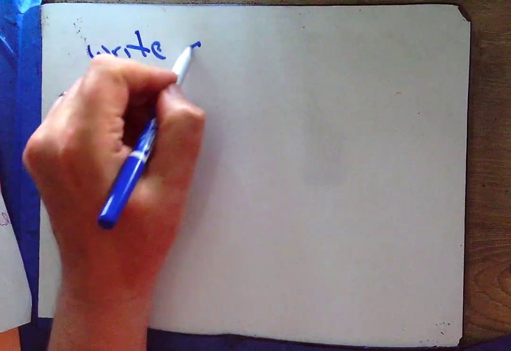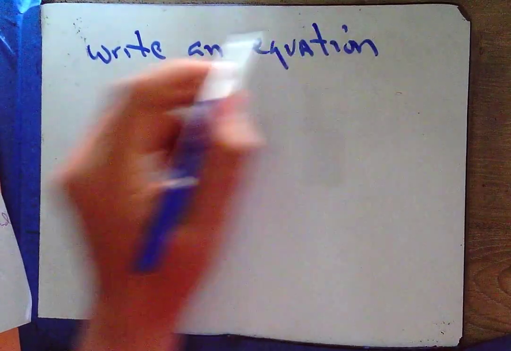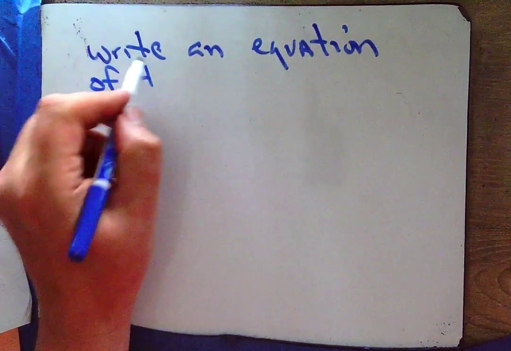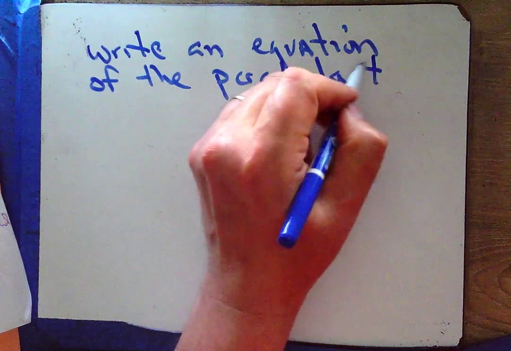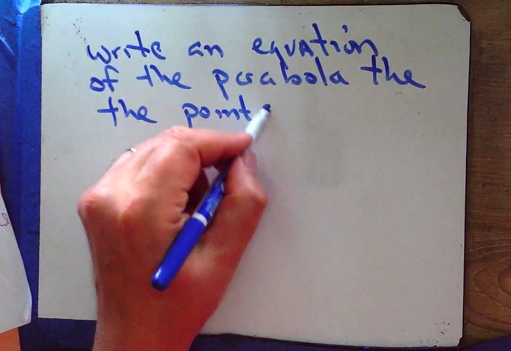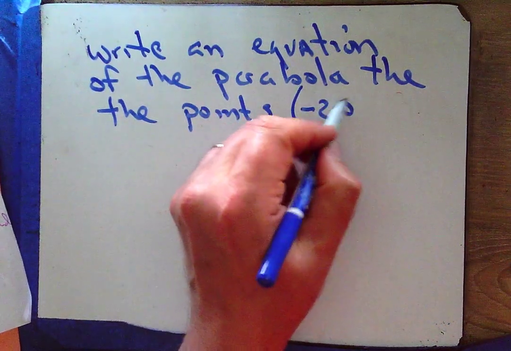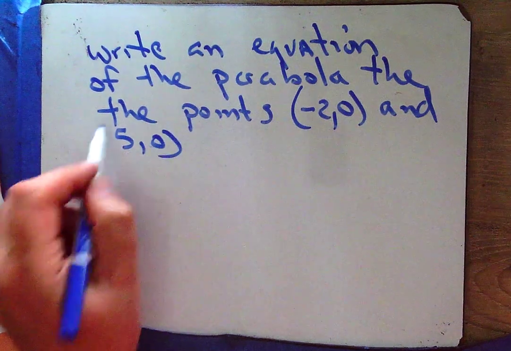The textbook asks this: write an equation of the parabola through the points negative 2, 0, and 5, 0.